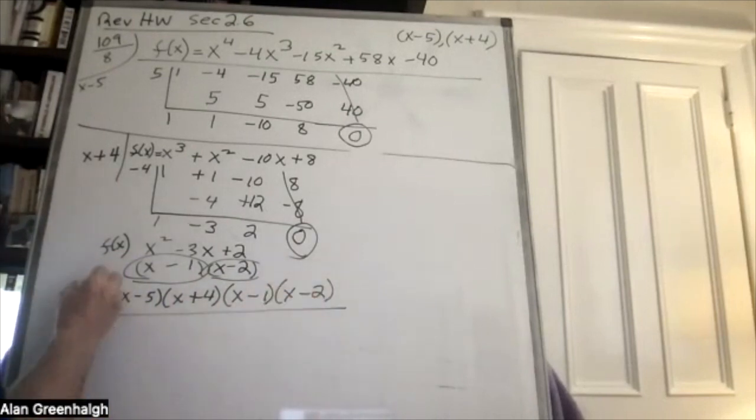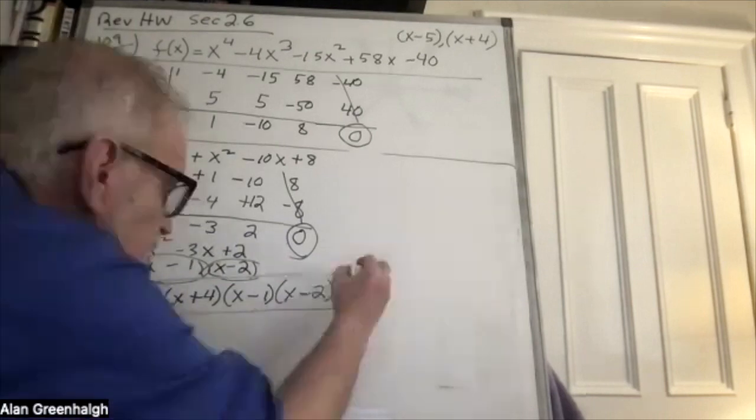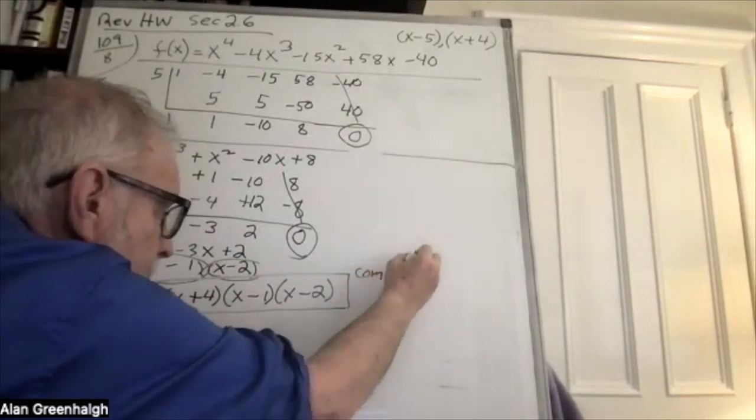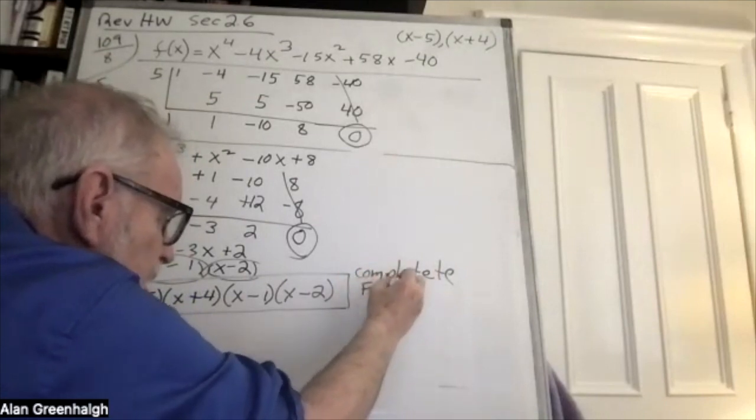These are all the 4 factors of the original function. And this is called, and part C of the problem, incidentally, is to find the complete factorization. This is called the complete factorization.